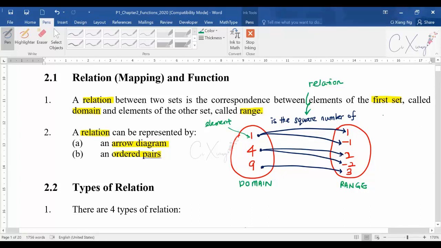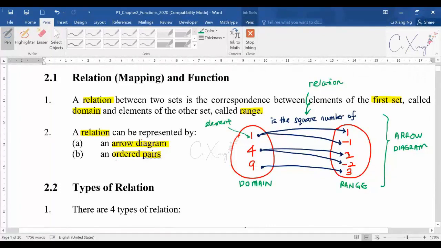This whole figure I call an arrow diagram, and in most of our reference books, when we talk about function, generally they prefer to use an arrow diagram to represent the relation or the function.